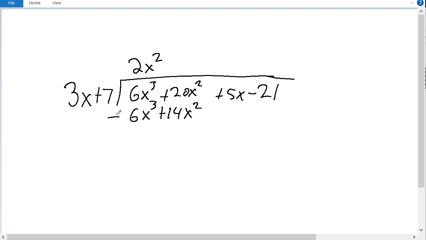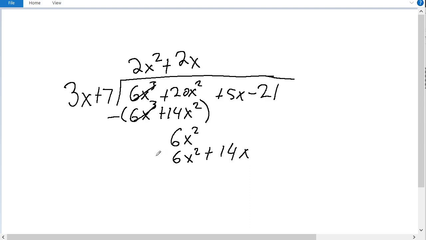And now I'll subtract, and of course these will cancel out, and I'll be left with 6x squared. And now I look and say, what do I need to multiply by 3x to get my 6x squared? And the answer is 2x. So now when I multiply that, I'll get 6x squared plus 14x.